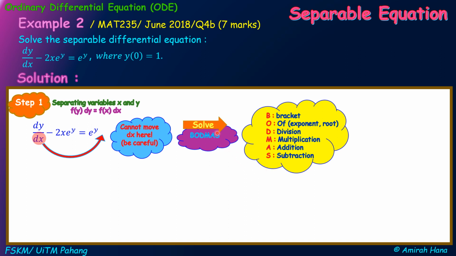When we want to solve a mathematical operation, we need to follow the BODMAS order, meaning we solve bracket first, followed by exponent, root, division or multiplication, and then addition and subtraction. But when we want to separate, we need to reverse the order of BODMAS, meaning we separate subtraction and addition first before we separate multiplication and division. Got it?